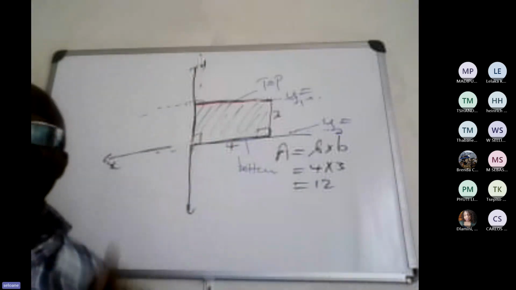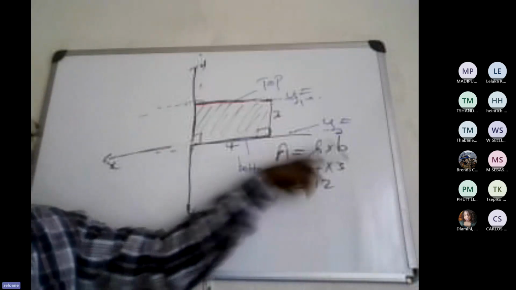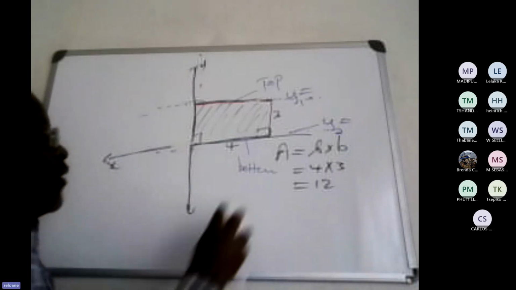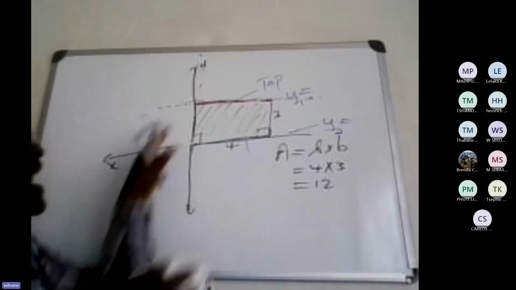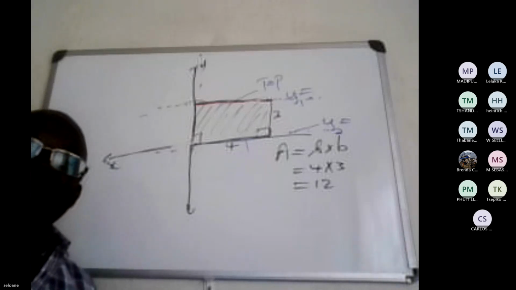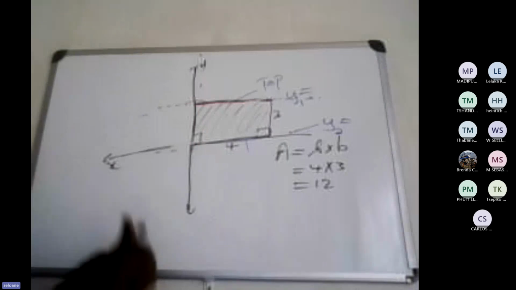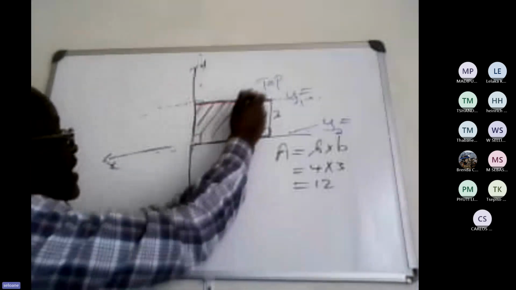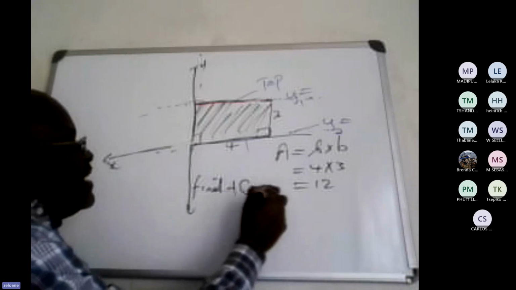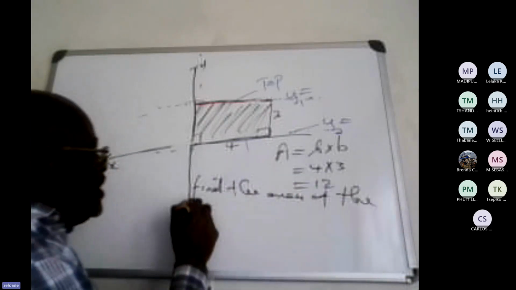And this doesn't change the value of the area. It's still a rectangle. And then they say, find the area of this shaded region. This is the region, and the question will be, find the area of the region.